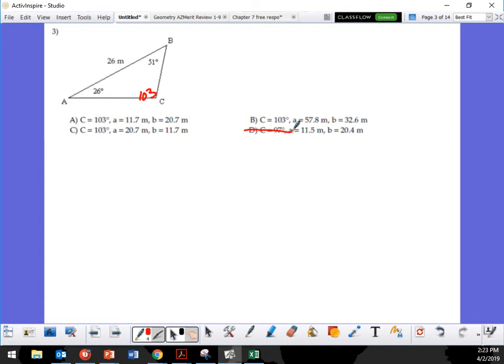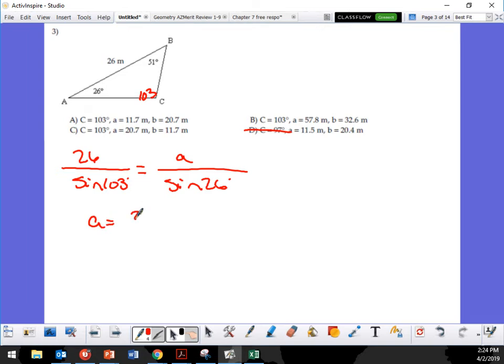Okay, so now what am I going to do? I'm going to solve for either little a or, yeah, little a and little b. Looks like little a would solve it. Okay, so let's do little a. So I'm going to do 26 sine of 103 degrees is equal to little a over sine of 26.